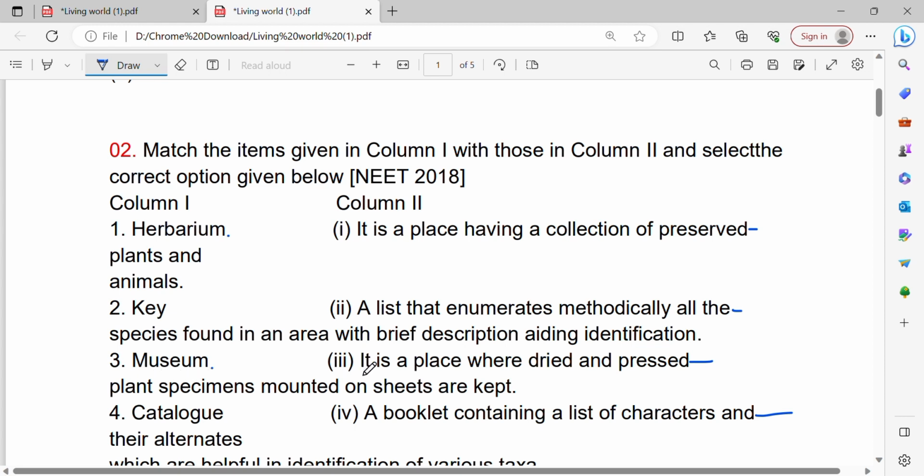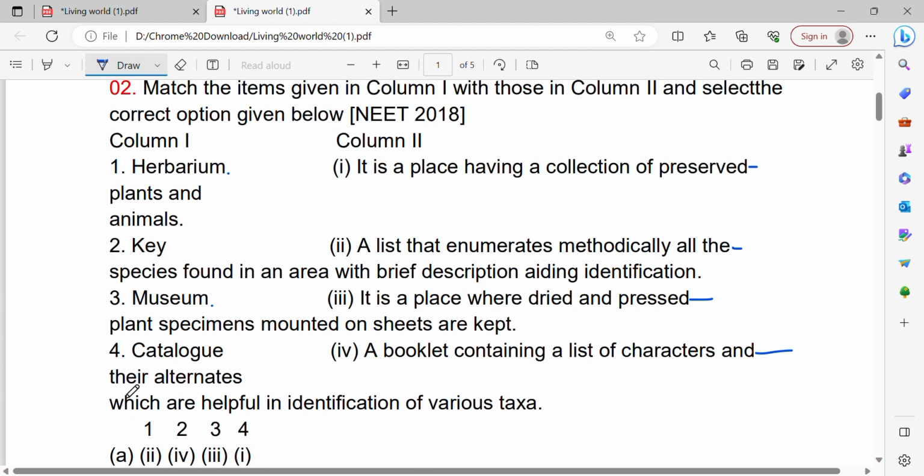Museum. It is a place where dried and pressed plant species mounted on a sheet are kept. Option 4. Catalog. A booklet containing a list of characters and their alternates, which are helpful in the identification of various taxa.